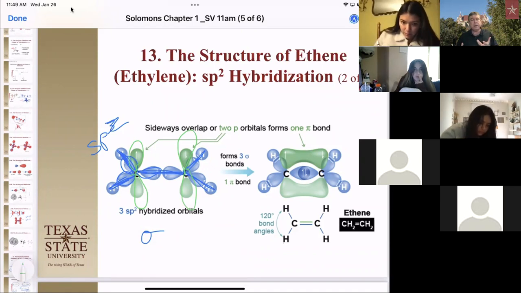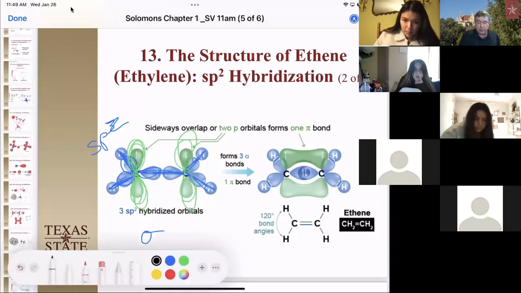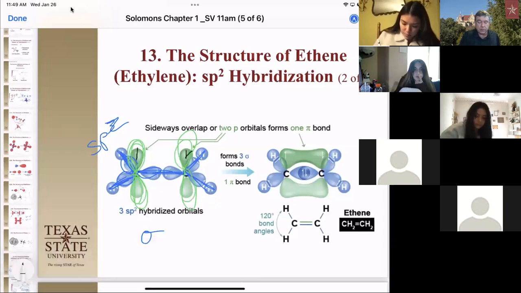Okay, why is it above and below? Well, the shape is equal on both sides, right? Above and below the plane. And there's 1 electron in one of these orbitals, and there's 1 electron in the other, right? But that means we could have the electron down here too. So the electrons could be down there, or they could be on the top.